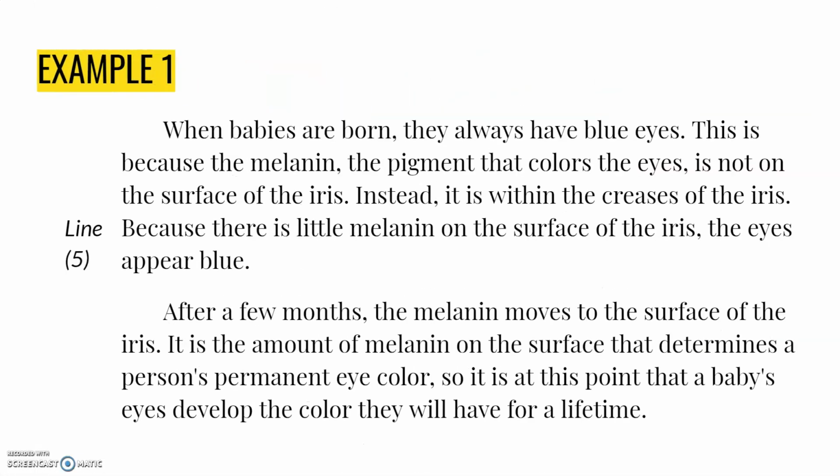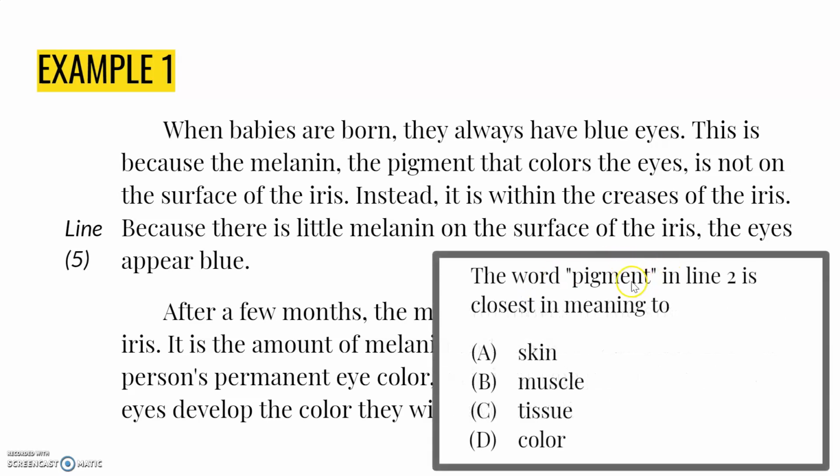So here's an example. The word pigment in line 2 is closest in meaning to. Let's see line 2. This is line 1 and line 2. If the question is in line more than 5 or 10, use this to help you. This is line 5. Okay, so let's get back to line 2. Pigment, where is it?